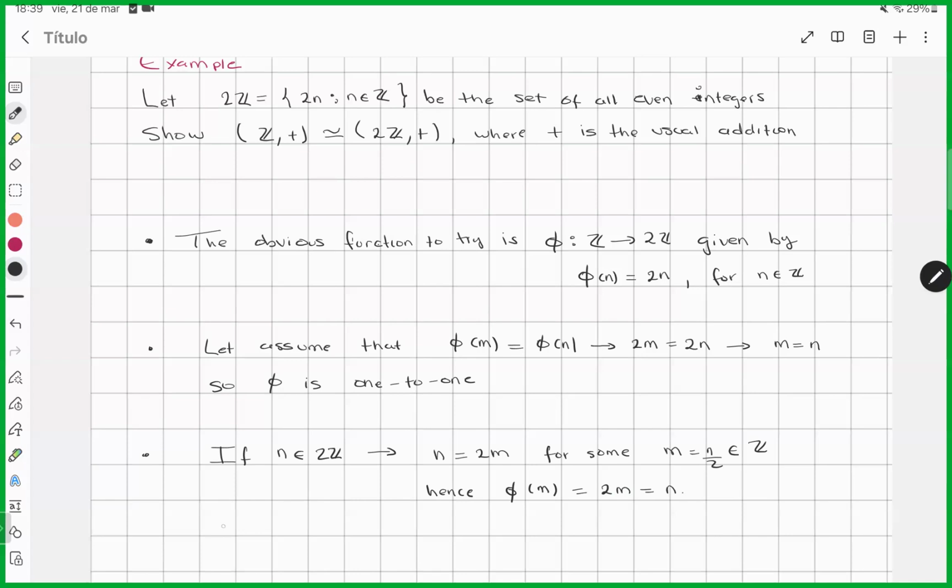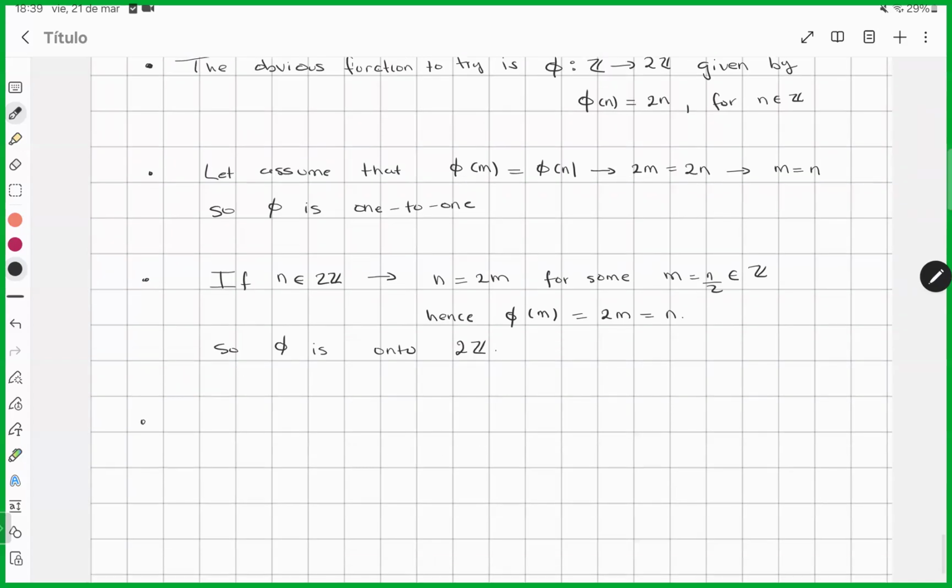So phi is onto this set. And finally, we should show that, for m and n, this map satisfies the homomorphism property.